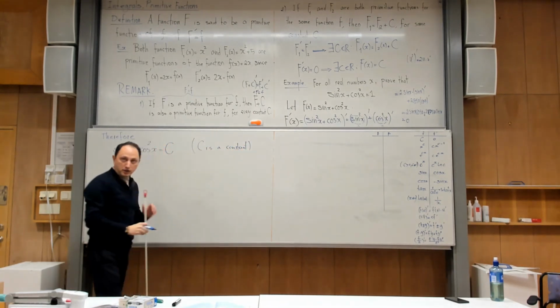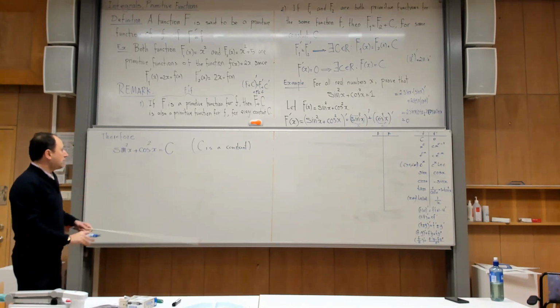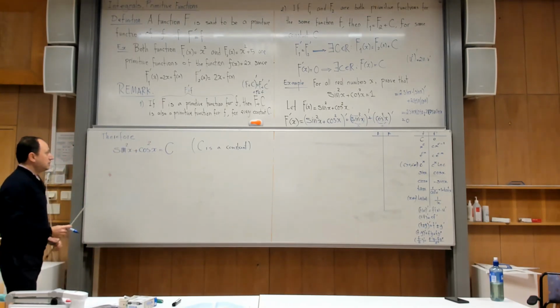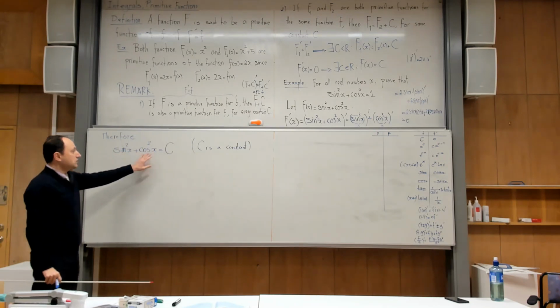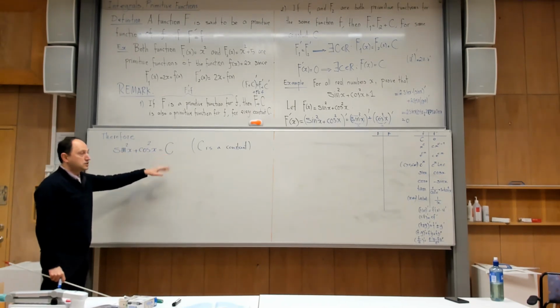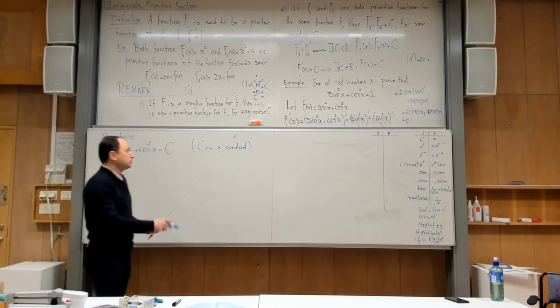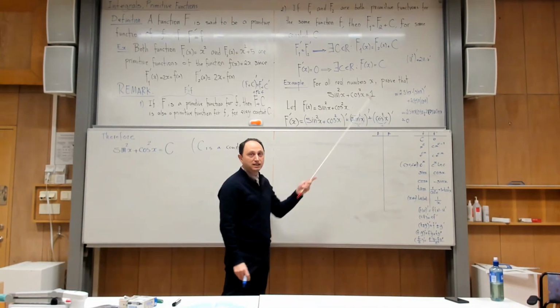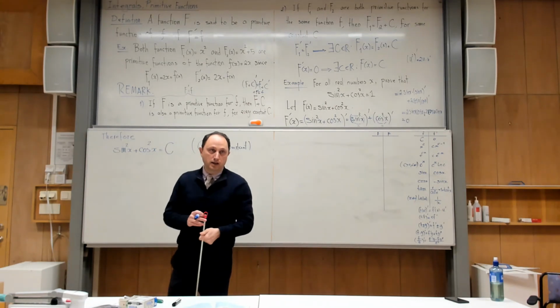Okay, but we are not done yet, because of course this is a good progress. I realize that this is a constant, it cannot change. But what constant it is also important for me. I want to prove that this constant is exactly 1, not any constant, exactly 1.